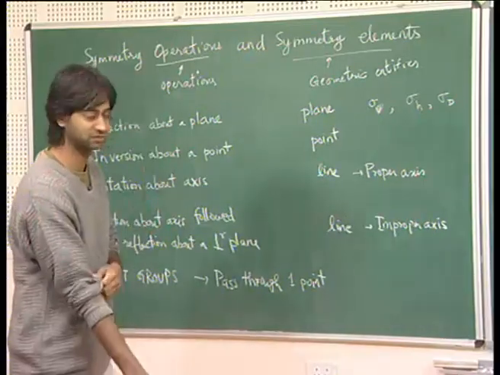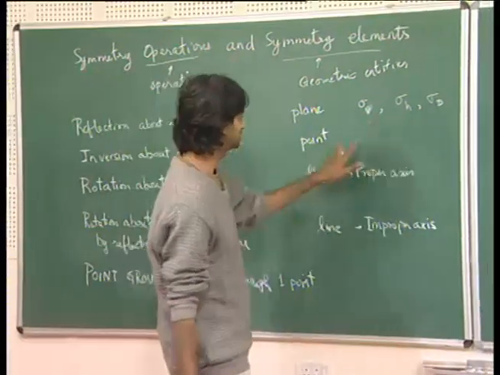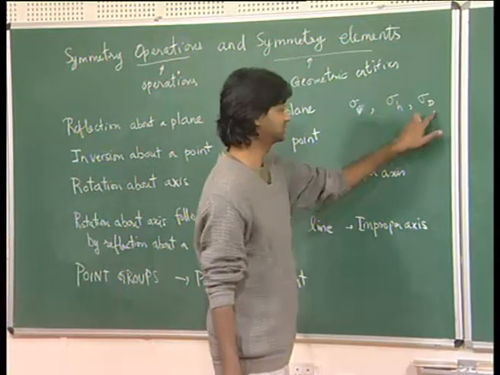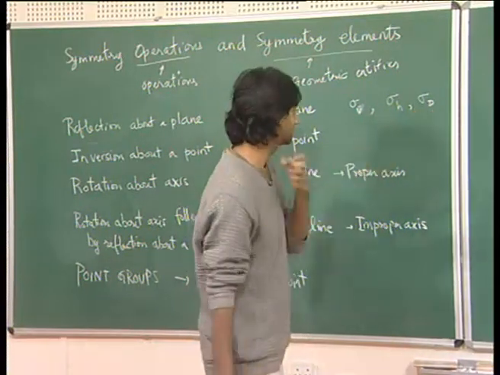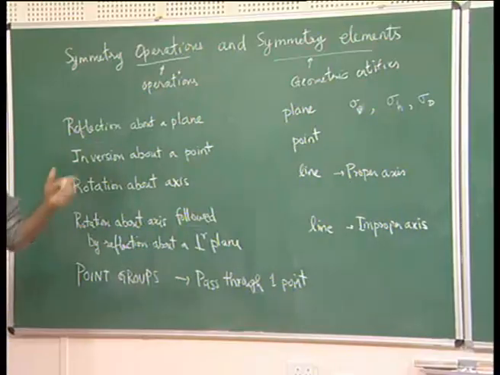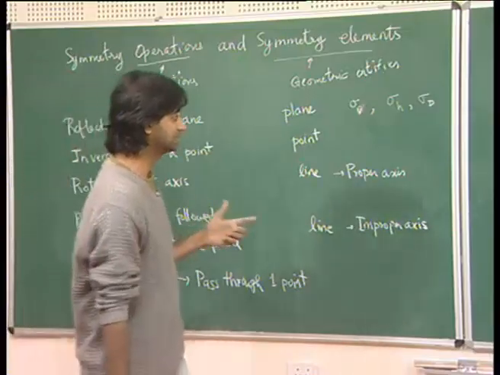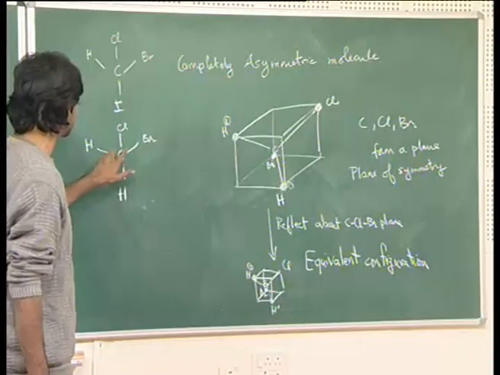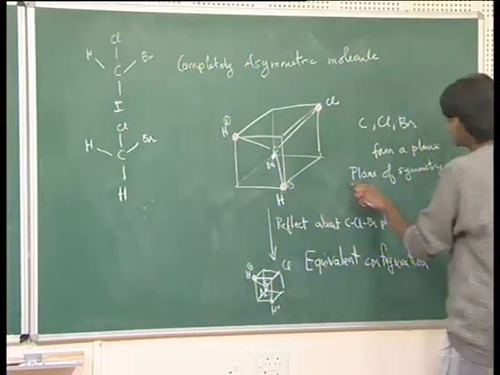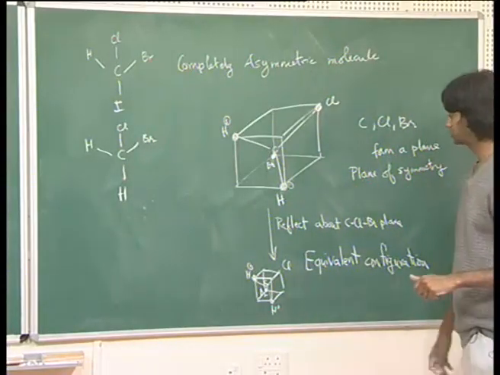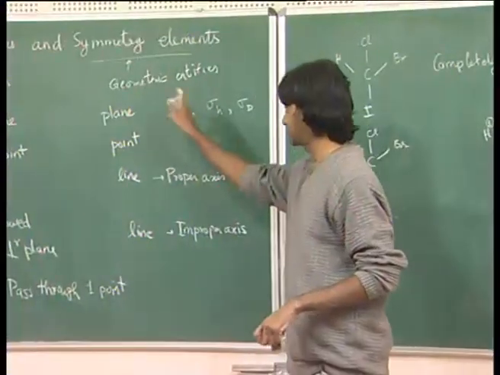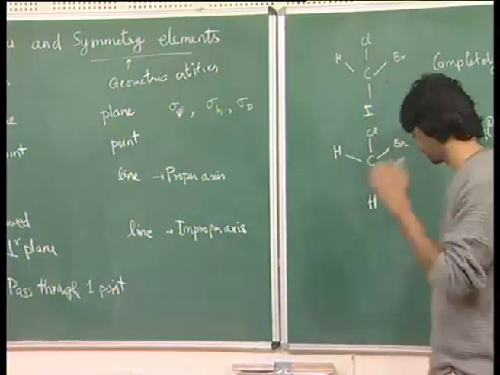Sigma h is sometimes called the horizontal plane, sigma v the vertical plane, and sigma d the dihedral plane. So we can see that CH2ClBr has a symmetry element that corresponds to a plane such that you reflect about that plane and you get a symmetry operation.